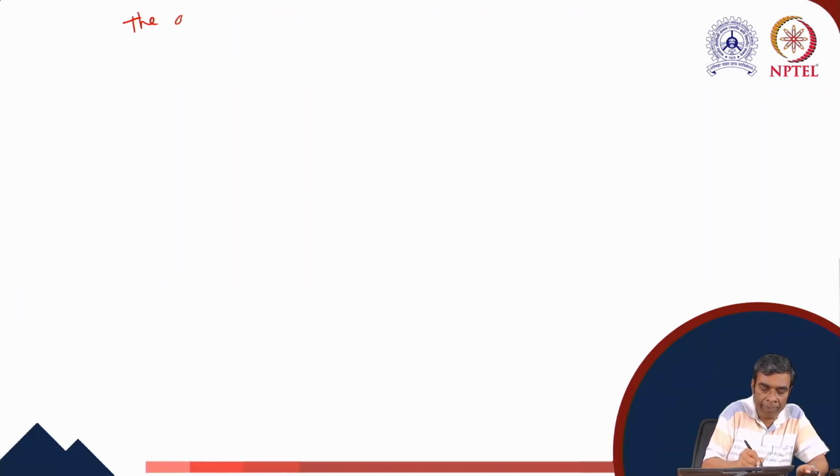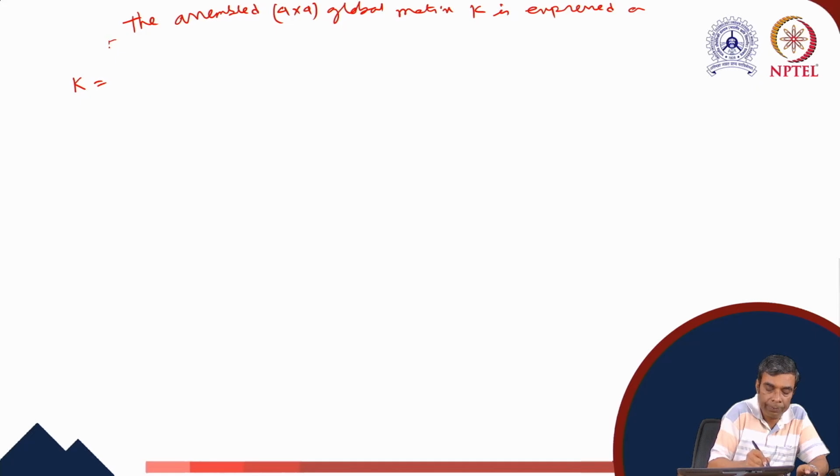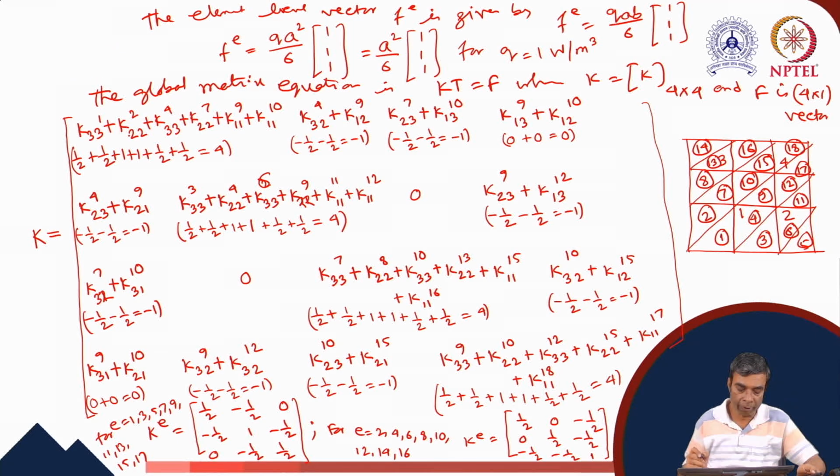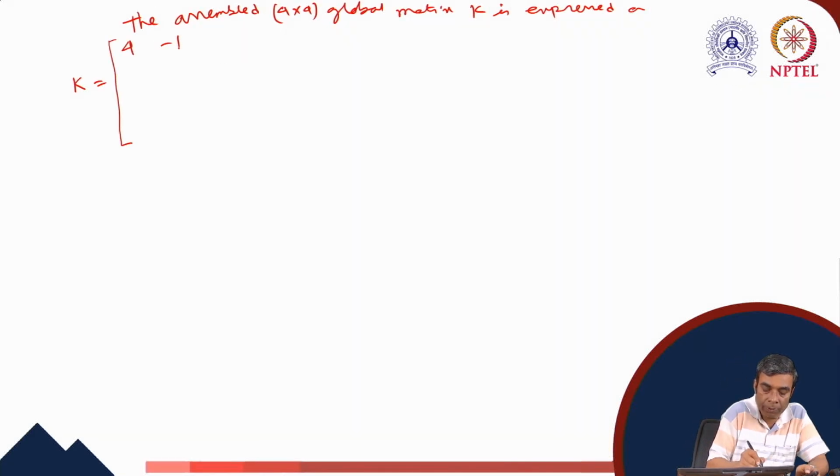The assembled 4 by 4 global matrix K is expressed as follows. For the first row we have 4, minus 1, minus 1, 0.